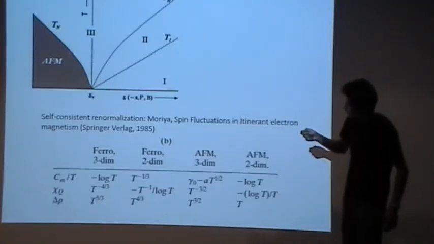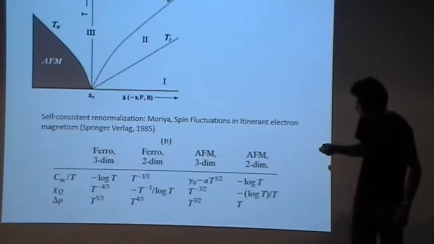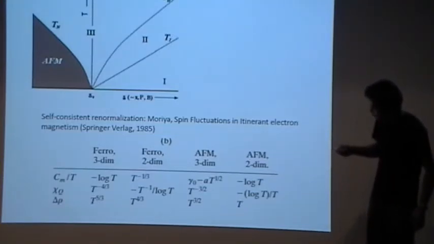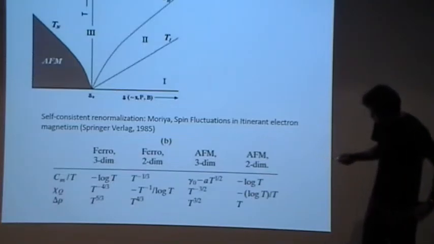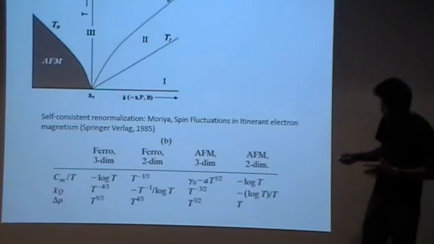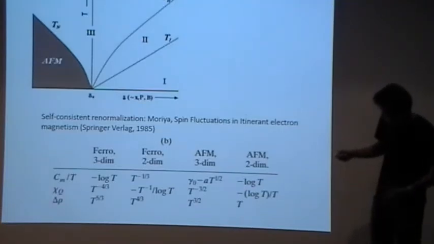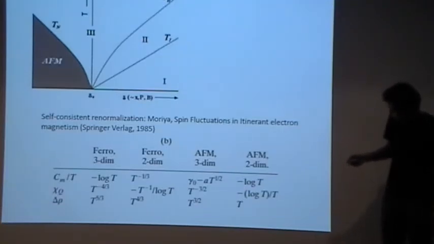Here this one is shown. This one is antiferromagnetic, but suppose this one is ferromagnetic, and two-dimensional, three-dimensional, they get a good analytical representation. And here, for antiferromagnetic, this one is different.